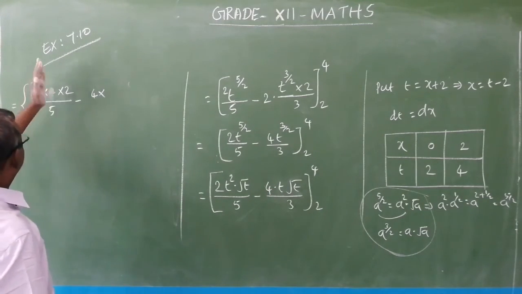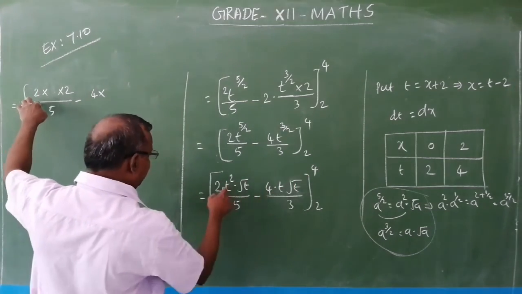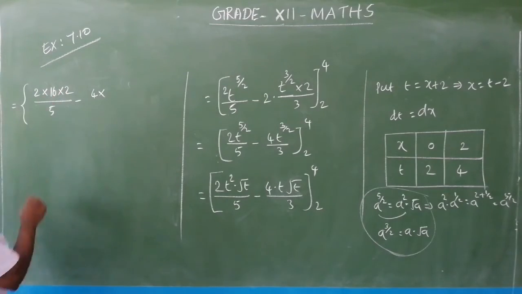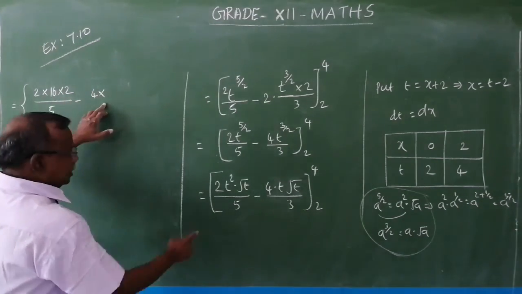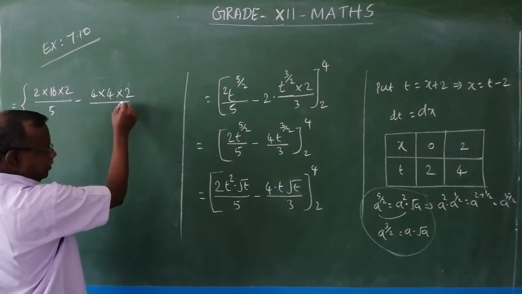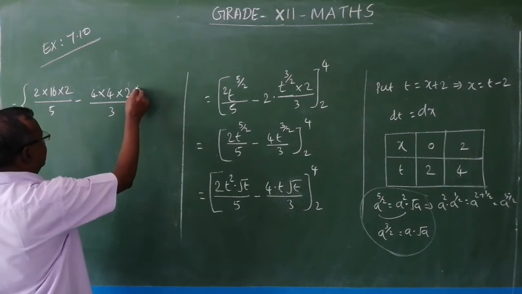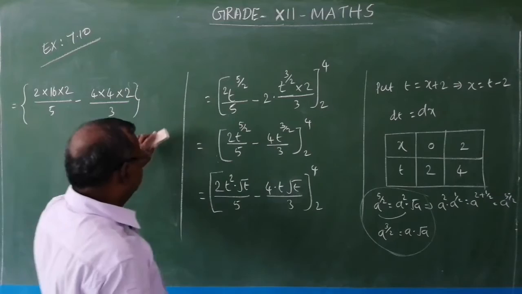Here 2 is 2, t square means 4 square, which is 16, and root 4 equals 2. And here, 4 into t means 4 into 4, and root t means 2, divided by 3. So, this is the upper limit, minus the lower limit.